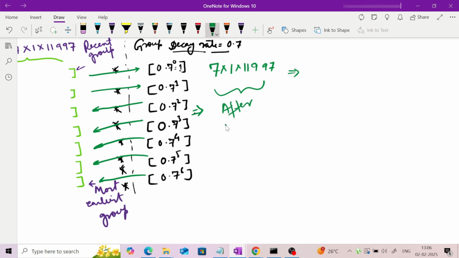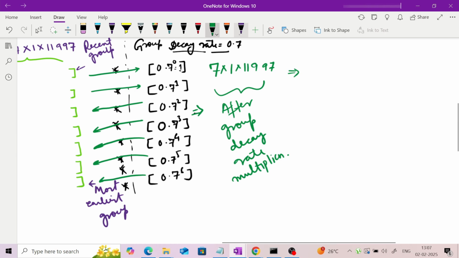Once we get this vector after the group decay rate multiplication, next we'll sum it up.